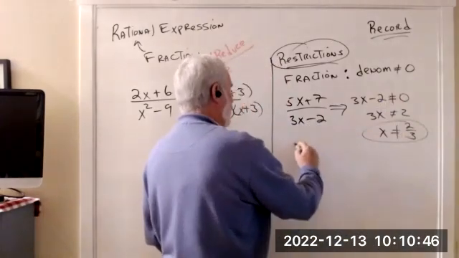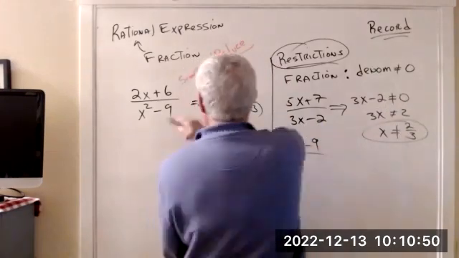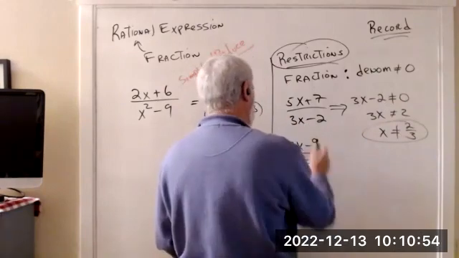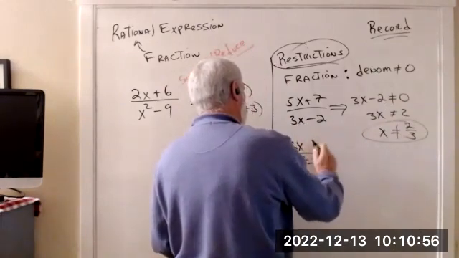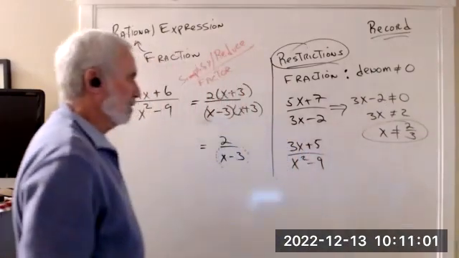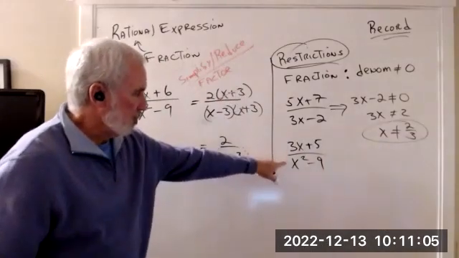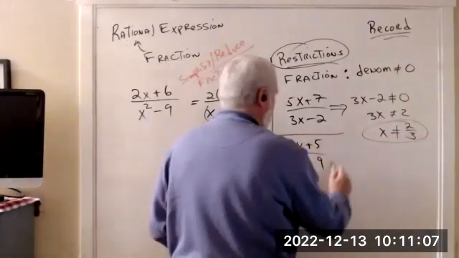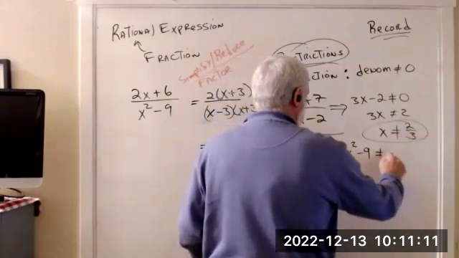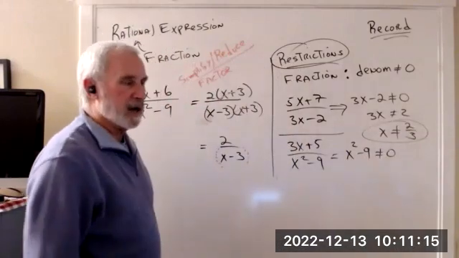For example, what if we had 3x plus 5 over x squared minus 9? On this one, we say our denominator, x squared minus 9, cannot equal 0. And now you say, well, how do I solve that?